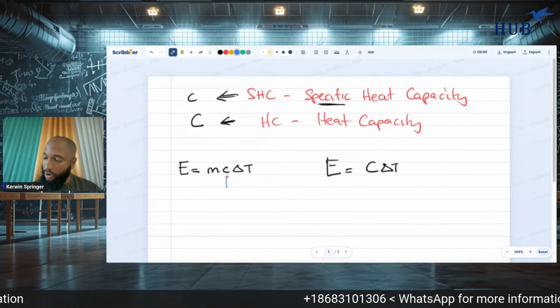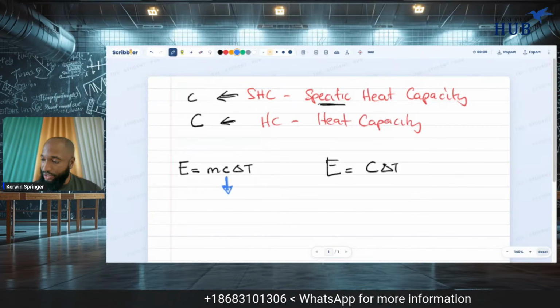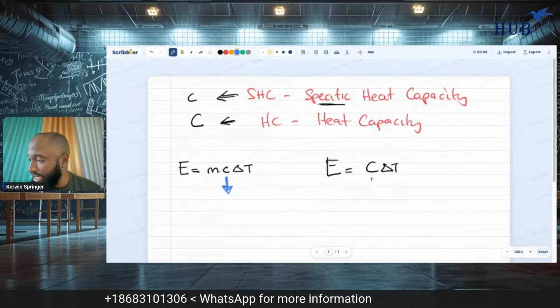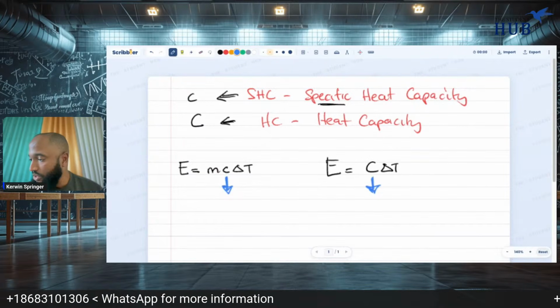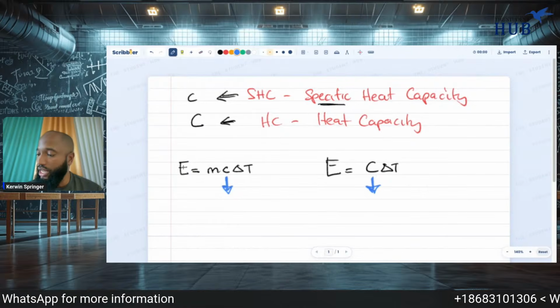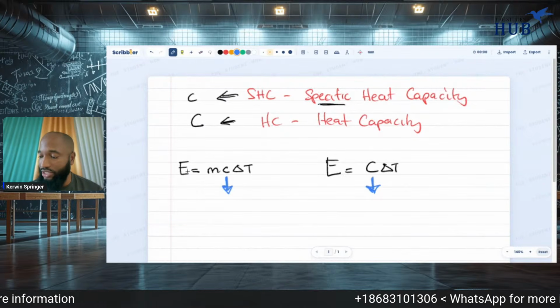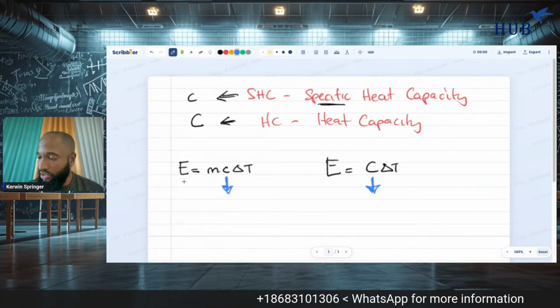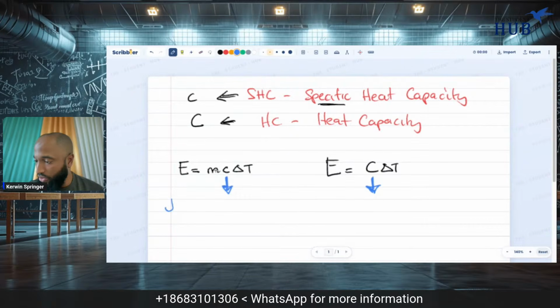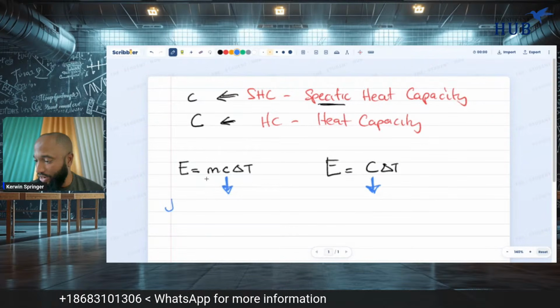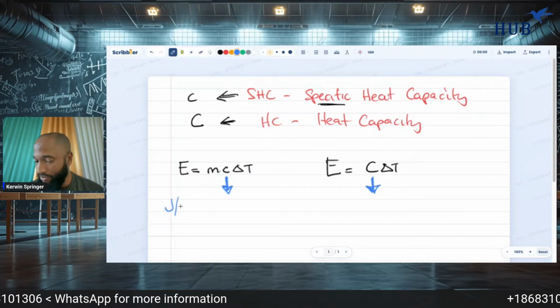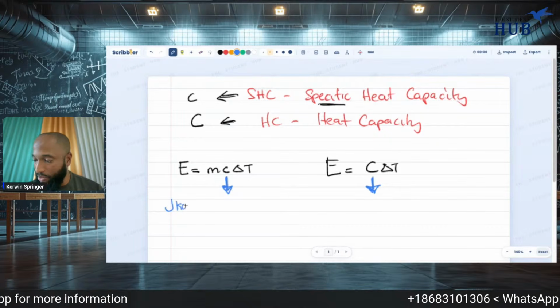What's the additional mind map in that? You should know the units of c and the units of capital C, which can be found by just working from the equation. Capital E stands for energy, which is in joules. If I bring across the m, which stands for kilograms, I'll end up dividing by kilograms. So I'll have joules per kilogram.